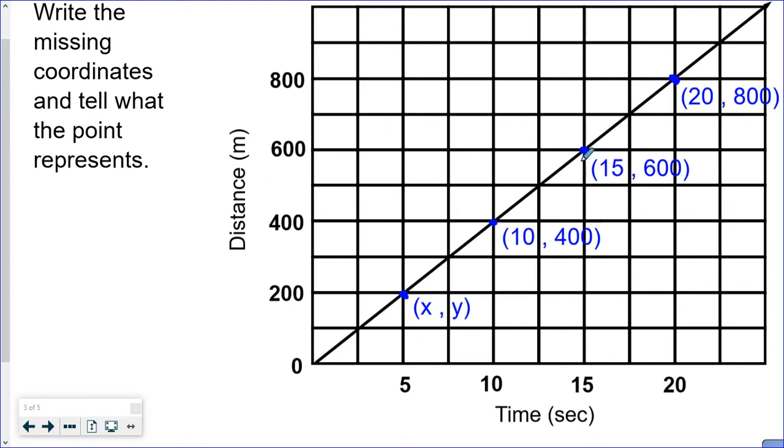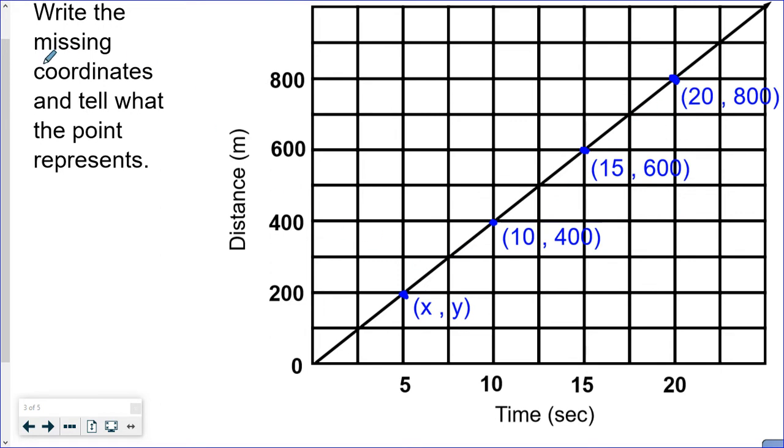So this point here would mean, when it says tell what each point represents, that in 15 seconds, that jet car is going to travel 600 meters. Same over here. This is 20. That means when the time is 20 seconds, that jet car is going to travel 800 meters.